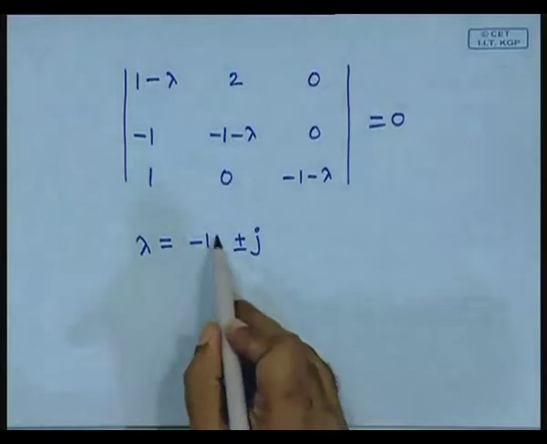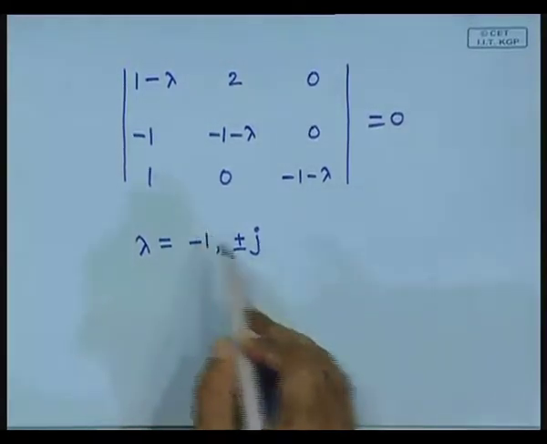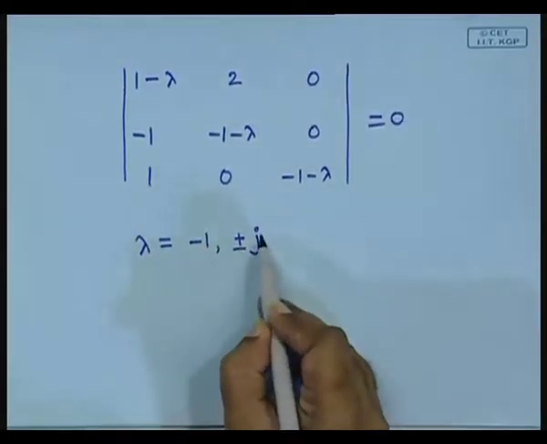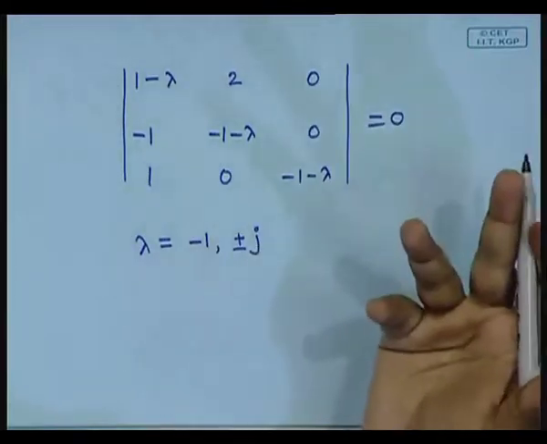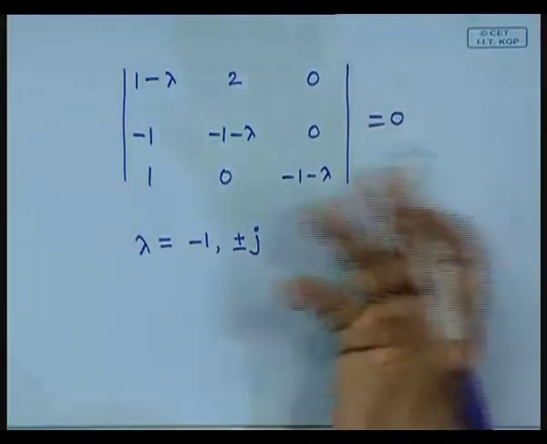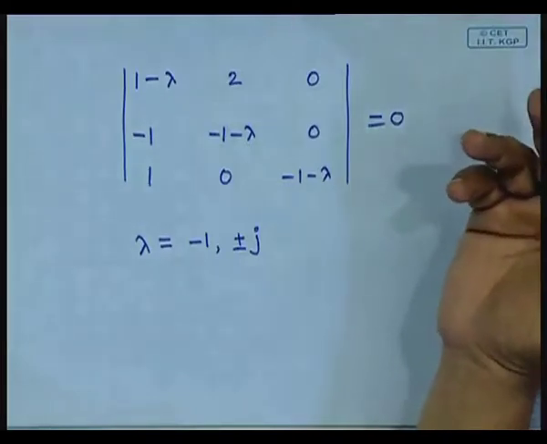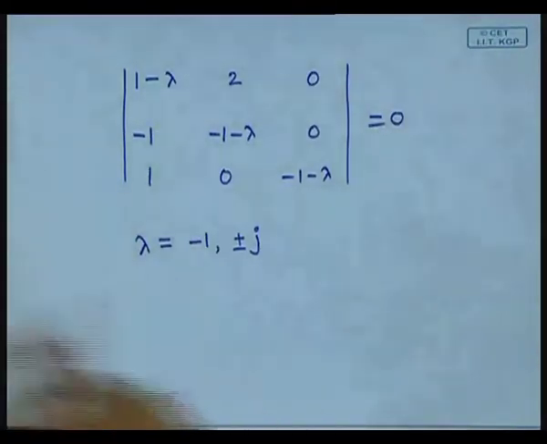Okay, so there will be an eigenvector associated with minus 1, there will be an eigenvector associated with plus j, and as we have done already, we will not bother about the minus j component, because that gives no new information. So just go ahead exactly in the same way.